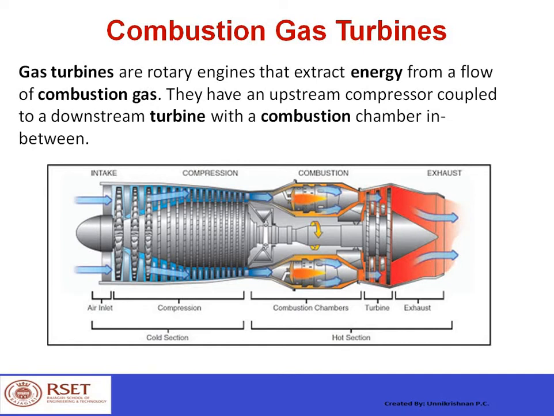Next one is the combustion gas turbine. In a combustion gas turbine, a combustion takes place. So some gas or some fluid is burnt, and the expansion caused by this combustion is used in rotating a turbine, and that turbine coupled with a generator produces electrical energy.